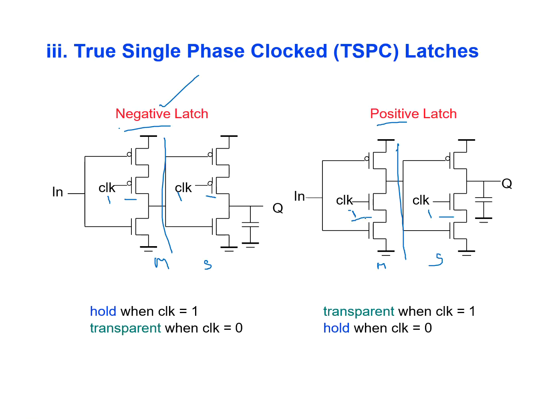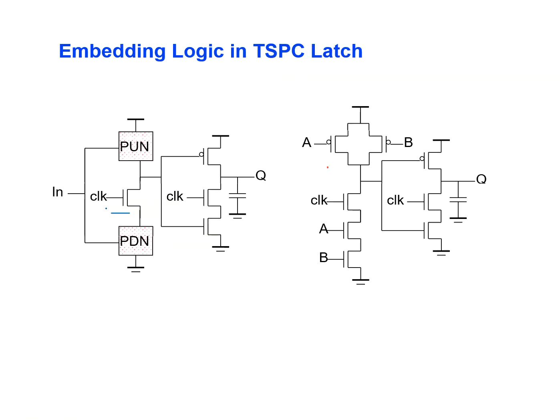Above the clock NMOS, a pull-up network is connected, and below the clock NMOS, the pull-down network is connected, and the gates of this pull-up and pull-down are interlinked, and you are giving your input. From between your pull-up network and your clock transistor, you are taking your output QM. We can say it is a master slave set, so an intermediate output will be there. This is connected to the inverter, and then we are taking our output.